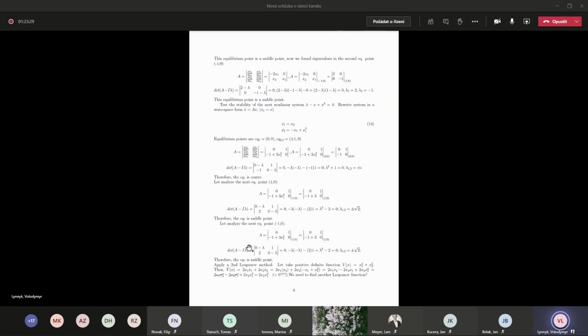The third equilibrium point is the same because it has the same eigenvalues, and we need to apply the second Lyapunov method, and then we can say something about the stability of this system.